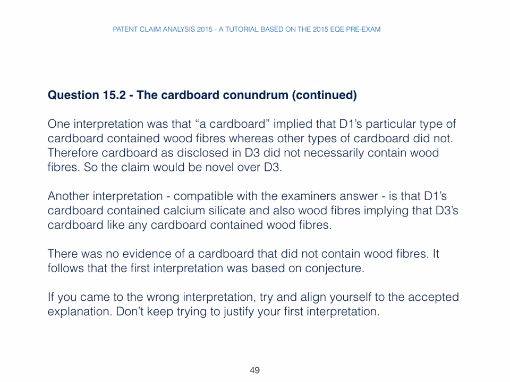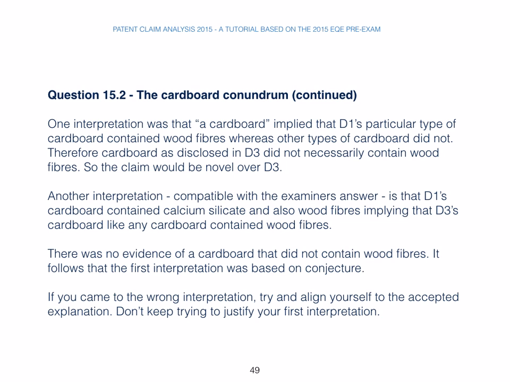Another interpretation, which is compatible with the examiner's answer, is that D1's cardboard contained calcium silicate and also wood fibers, implying that D3's cardboard, like any cardboard, contained wood fibers. There was no evidence of a cardboard that did not contain wood fibers.